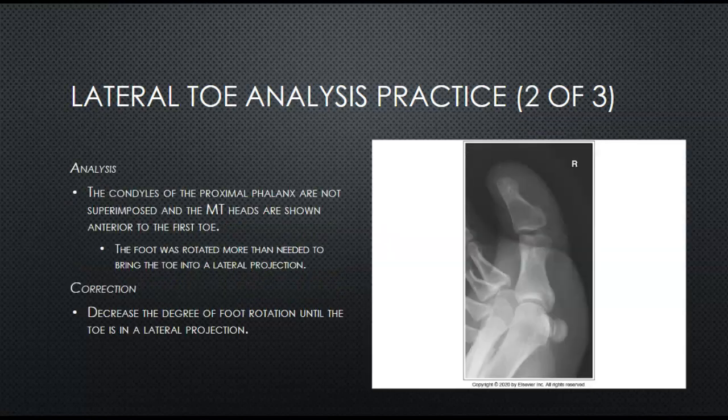In this second image analysis, we can see that the condyles here of the toe are not superimposed, okay, and that these metatarsal heads are anterior to our first digit, so we're excessively rotated. We need to decrease rotation.